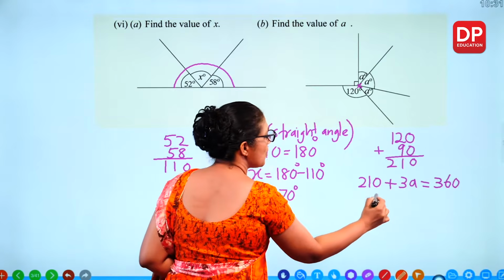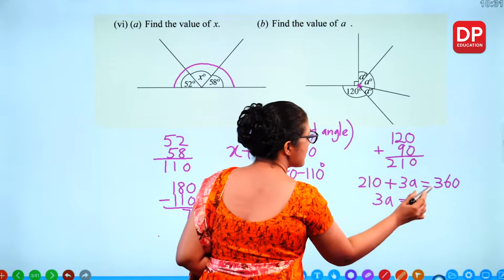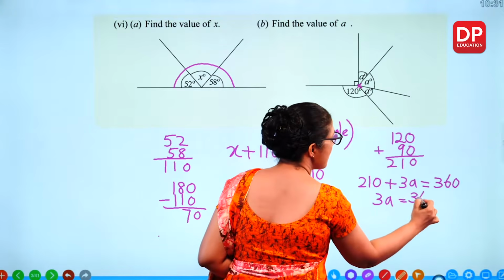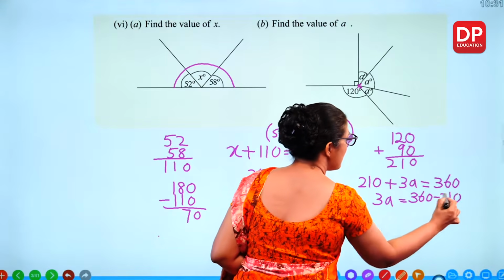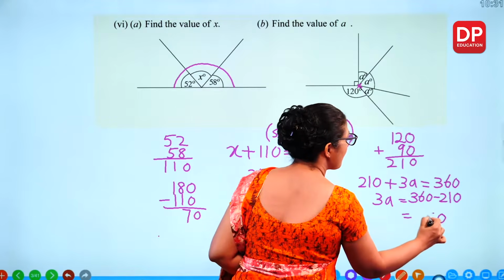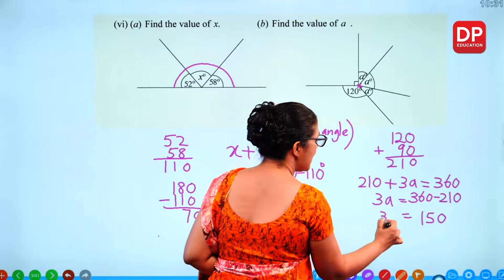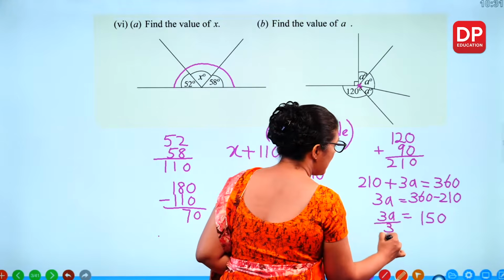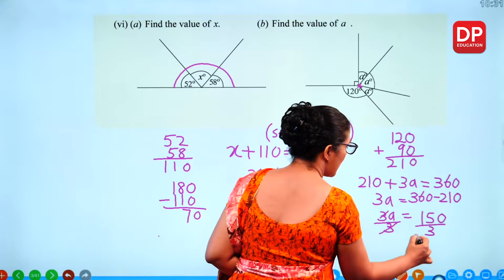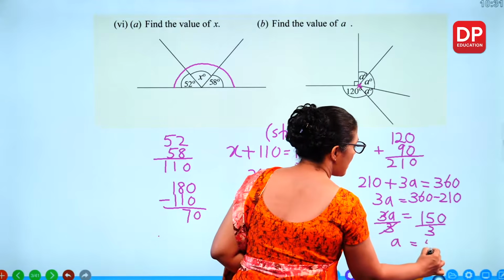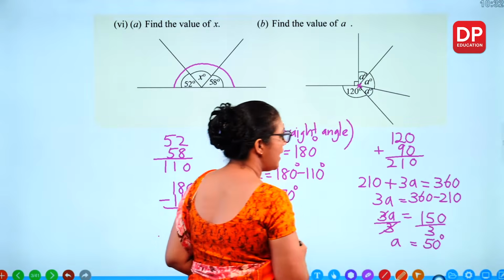So what's 3A? Subtract 210 from 360, you get 150. When you divide by 3, you get 50 as the angle A.